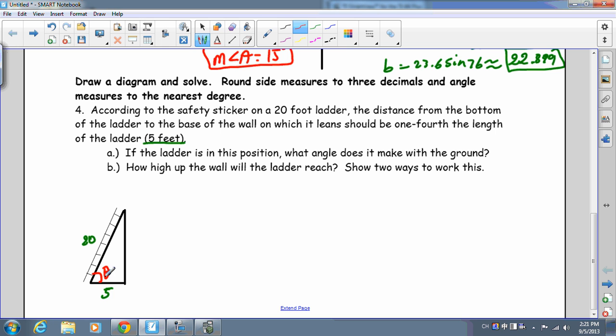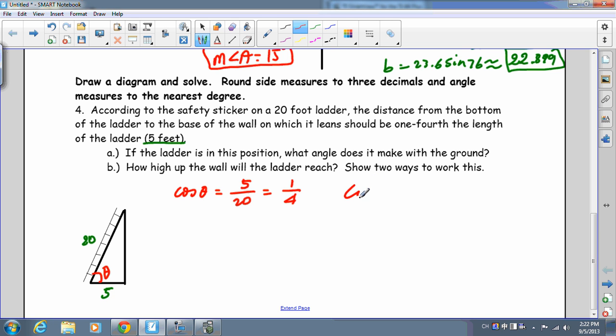The arbitrary function connecting this theta to the 5 and the 20 seems to be the cosine. So I will say cosine of theta is equal to adjacent over hypotenuse, which is the same thing as 1/4. But unfortunately, we're looking for the angle, so we cannot just use a regular trig function.